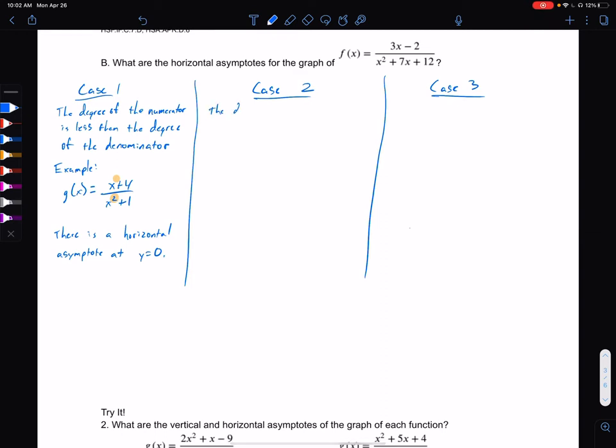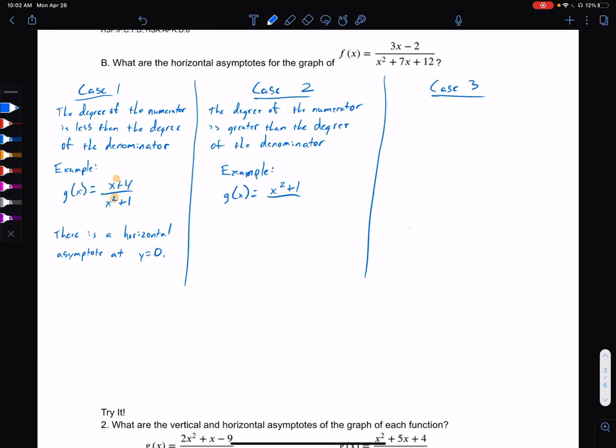Case 2 is when the degree of the numerator is greater than the degree of the denominator. We're just going to do the opposite here. An example of that would be where you had something like g of x is equal to x squared plus 1 over x plus 2.